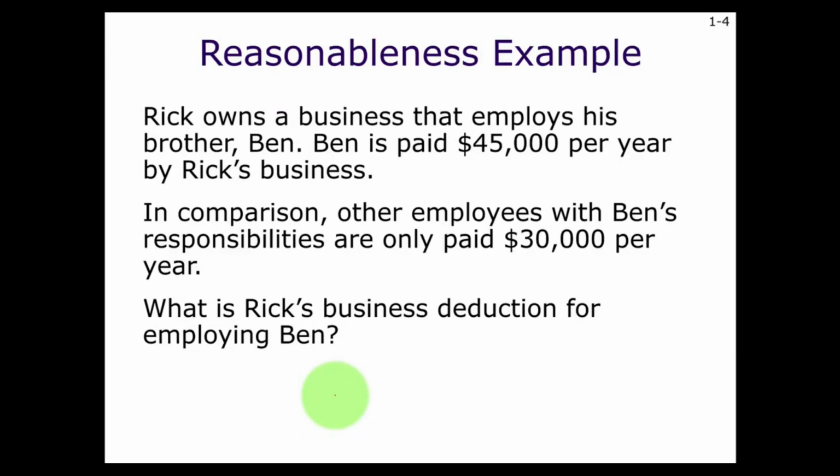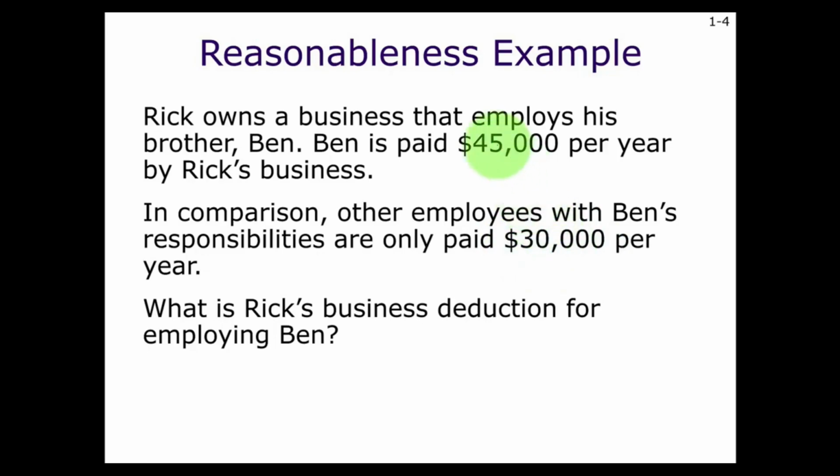So what's reasonable? We have an example. Rick has a business and he hires his brother Ben and pays Ben $45,000 a year. But the same type of work Ben does, other employees get paid only $30,000. So how much do you think Rick can deduct when he pays Ben the $45,000? The so-called arm's length transaction amount, what you would pay an unrelated person, would be only 30.